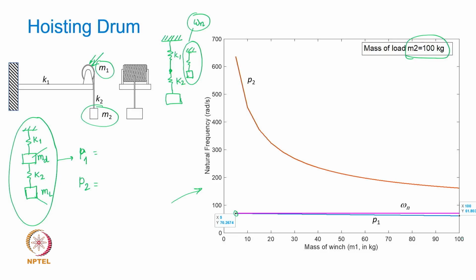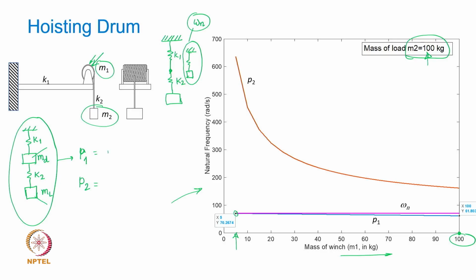So what you see here is, on the x axis I am plotting the mass of the drum or winch till the value of that drum mass reaches 100 kg, same as the mass being lifted. Let's first look at this point.